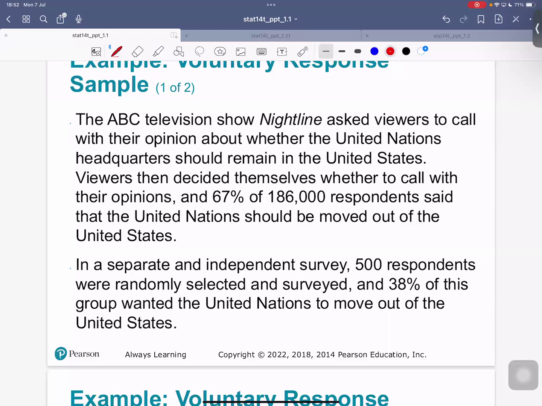In a separate and independent survey, 500 respondents were randomly selected and surveyed, and 38% of this group wanted the United Nations to move out of the United States.